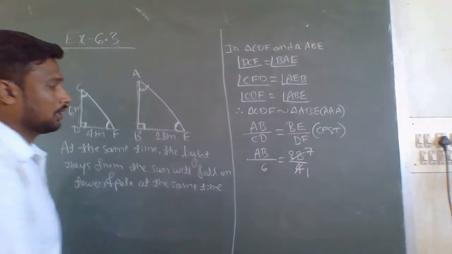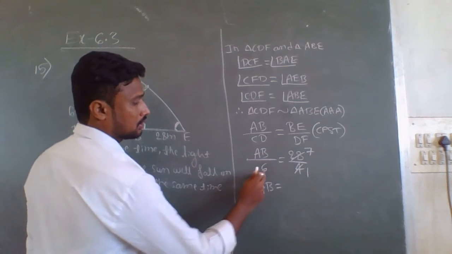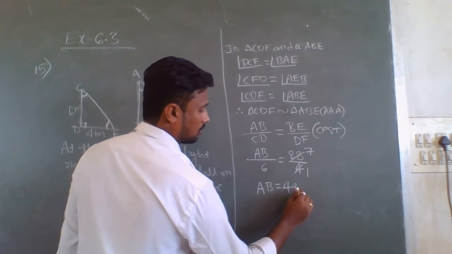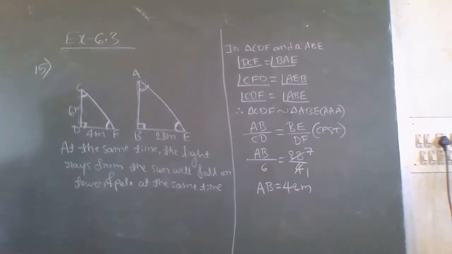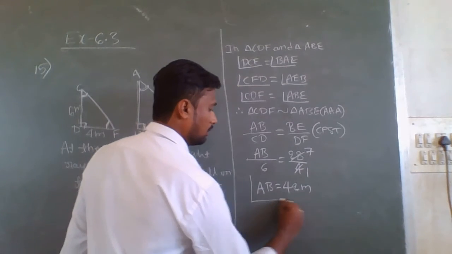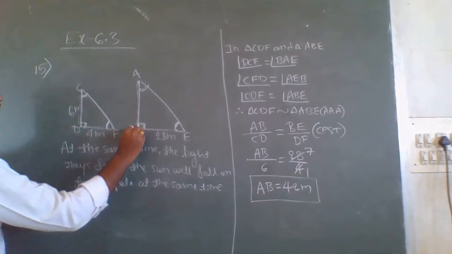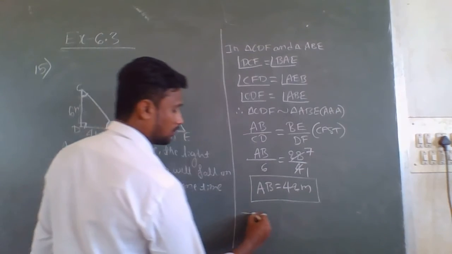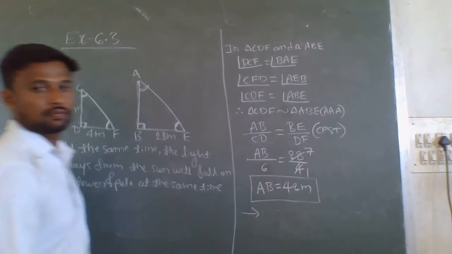AB is equals to 7 into 6, means 42 meters is the answer. Length of the AB is 42 meters. Length of AB means length of the tower is 42 meters. So here you should write length of the tower is 42 meters.